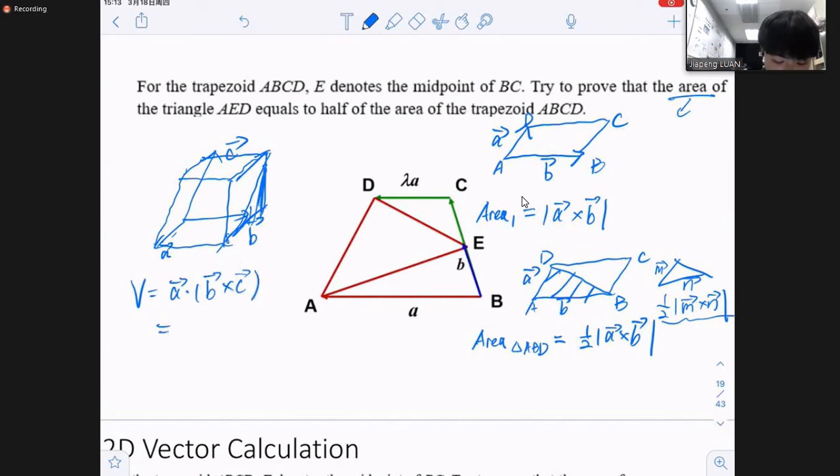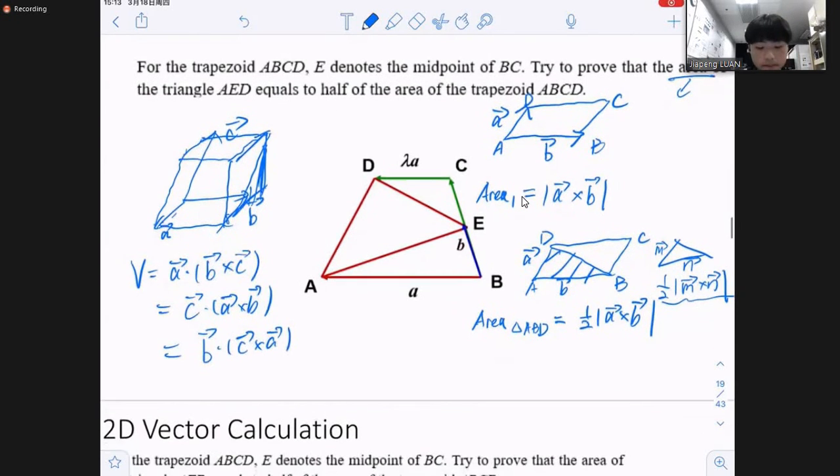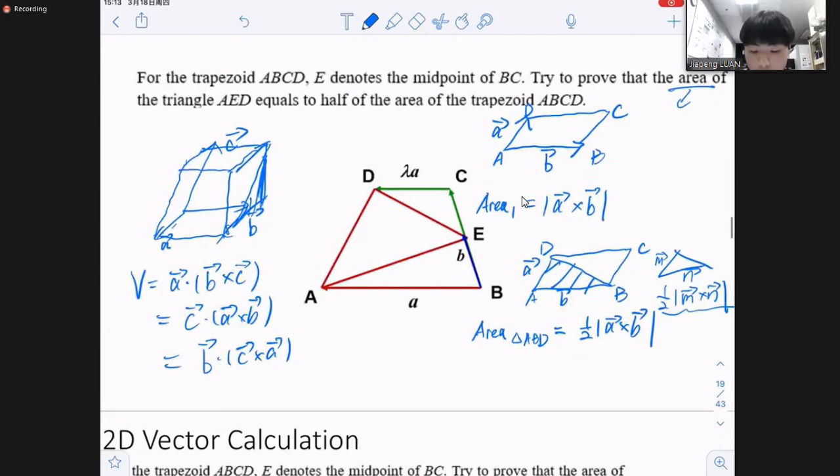Or you can write this like the same thing, right? So that is something related to area and volume.